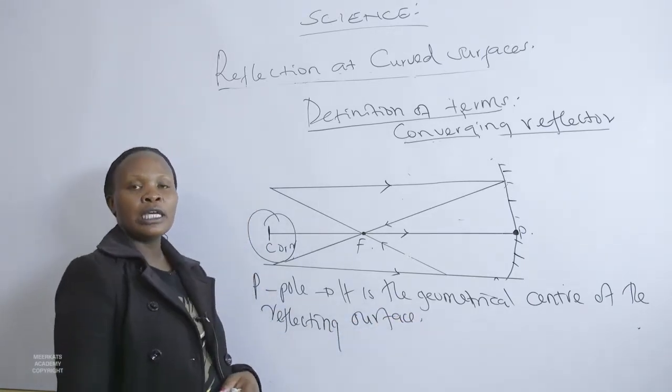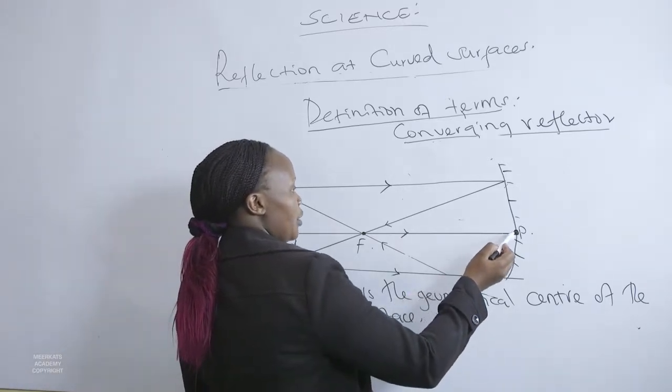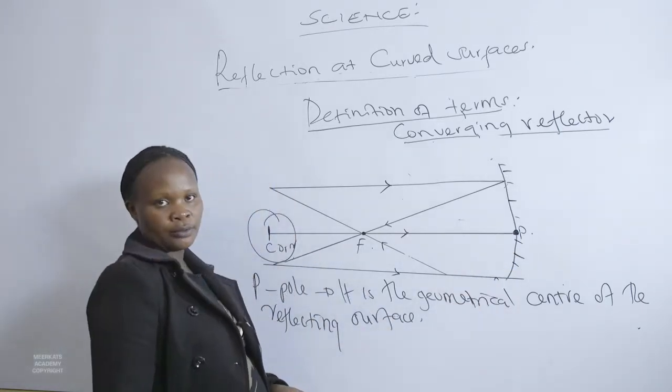The geometrical center of the reflecting surface is what we call P, or the pole.